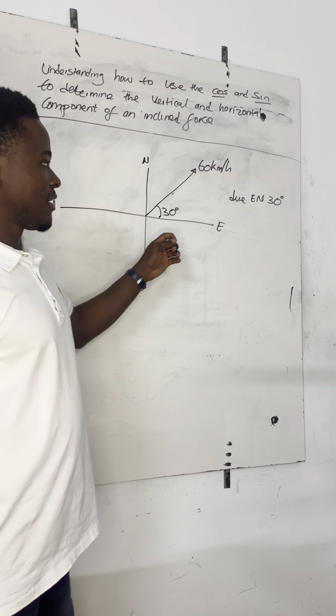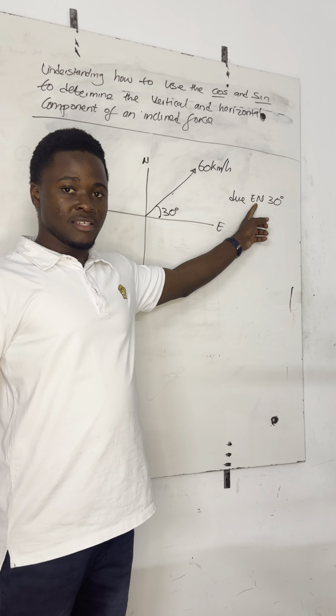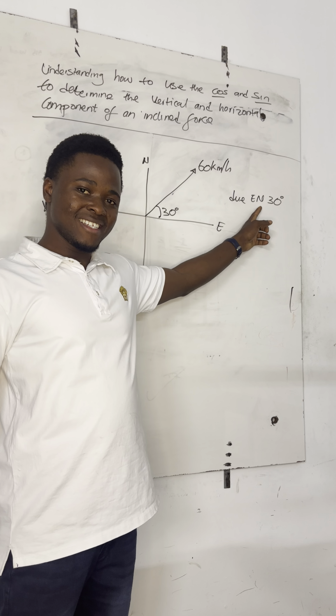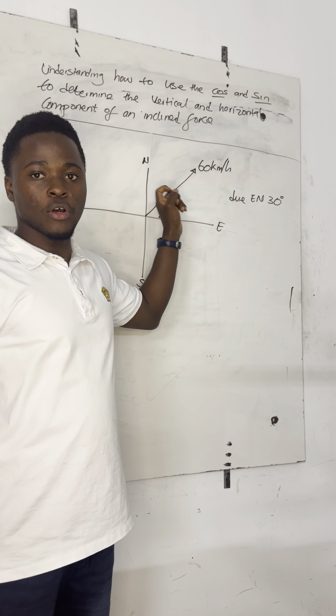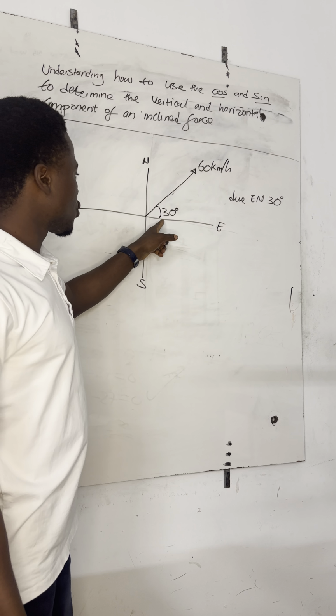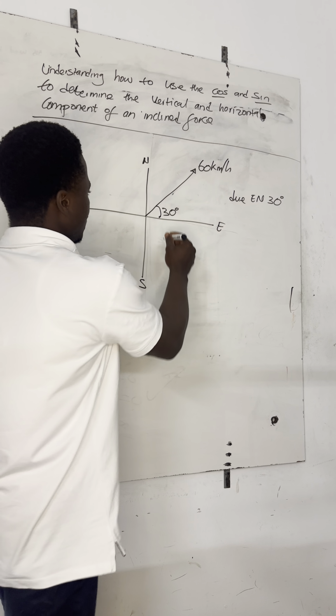Notice where I said east north, 30 degrees. It means my angle will start from the east right up to the north, 30 degrees. So I'll actually draw this angle from here right up to here. So this is it.